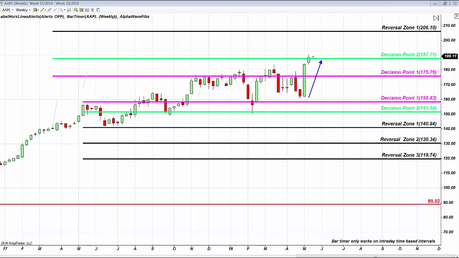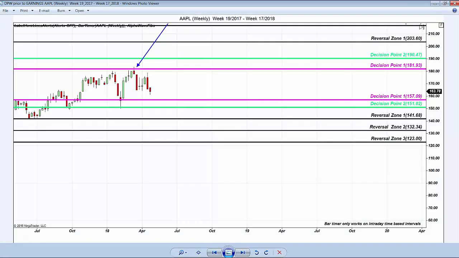Let me remind you, in case you missed all the discussions on Apple before earnings. This was Apple. Do you remember this on Apple? When I said this is key Fibonacci support, monitor for reversal on Apple. This is what Apple had done next.